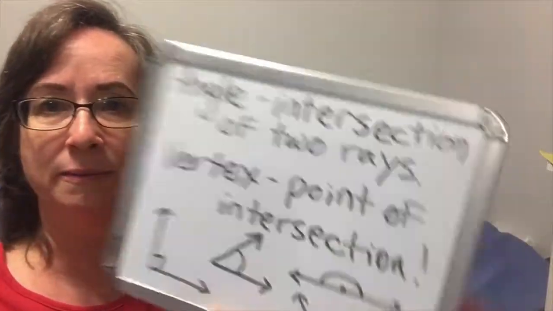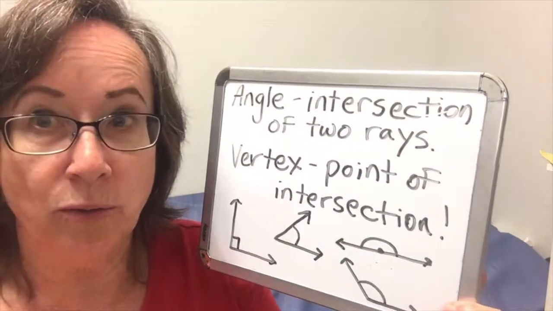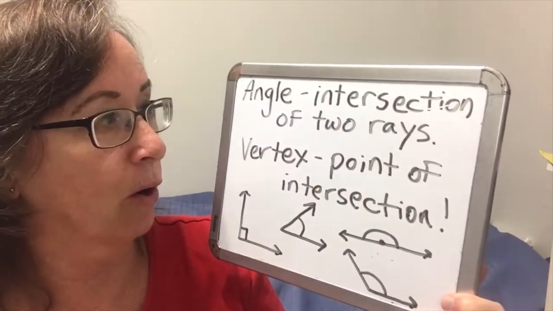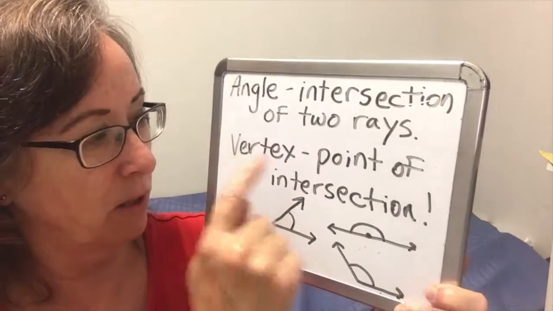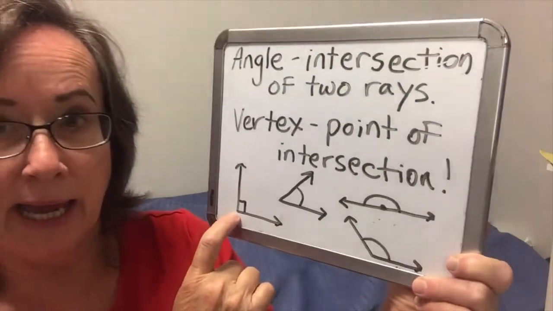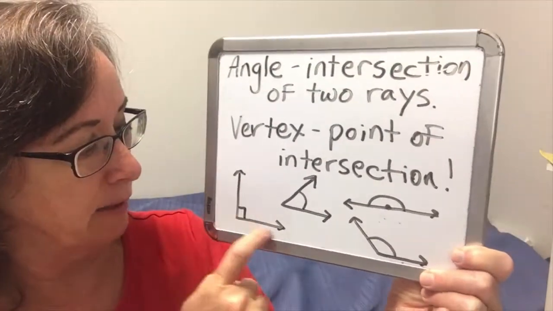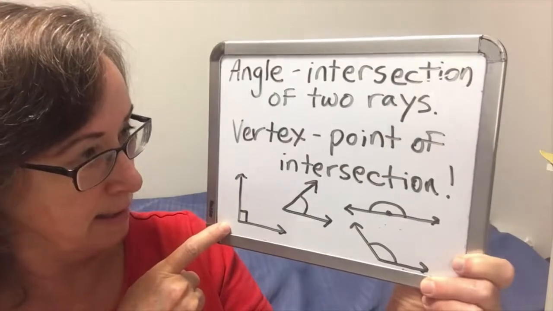Okay, so now we're going to talk about a mathematical concept called an angle. And angles are intersections of two rays. So an angle has a vertex, which is the point of intersection. So if this were the angle that I were talking about, this place where the two rays intersect would be called the vertex.